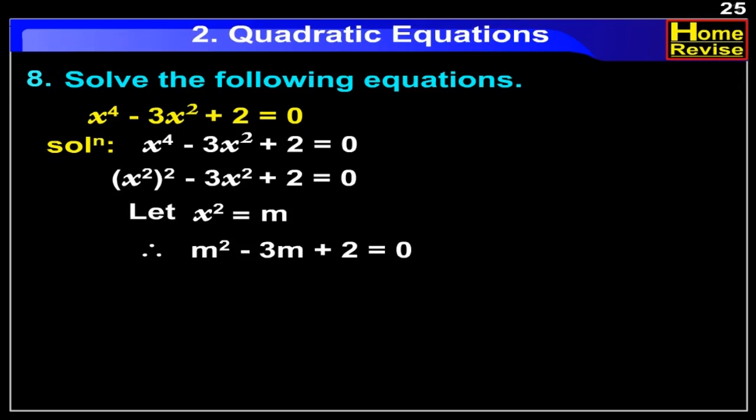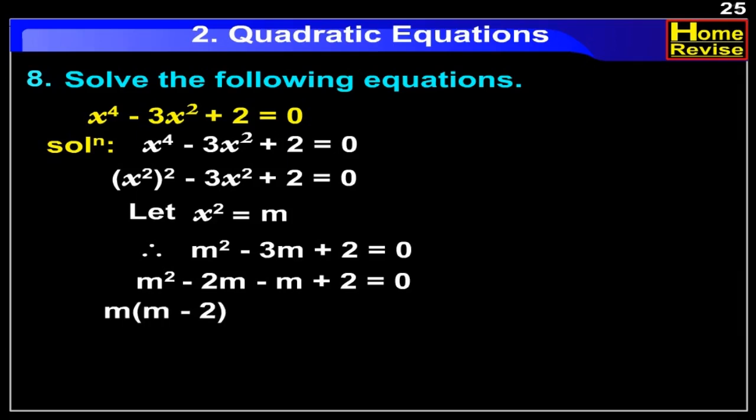Splitting the middle term, we get m square minus 2m minus m plus 2 is equal to 0. Taking out m common from the first two terms, we have m (m minus 2). And taking out minus 1 common from the next two terms, we have minus 1 (m minus 2) is equal to 0.